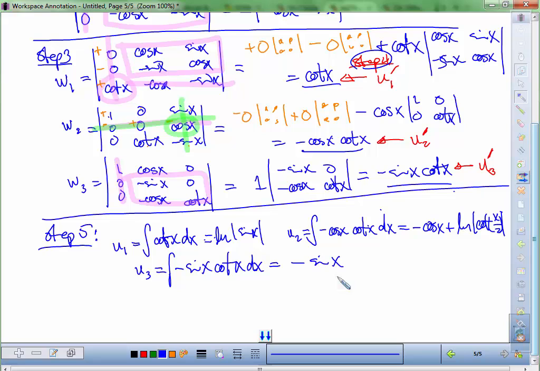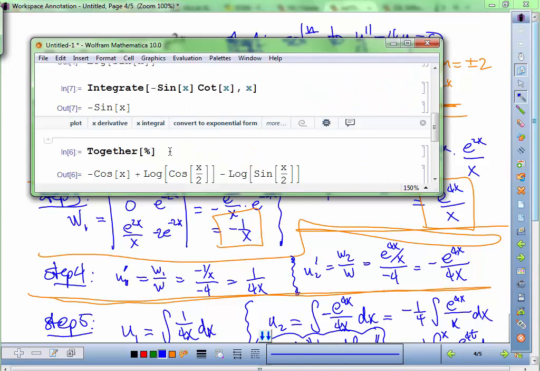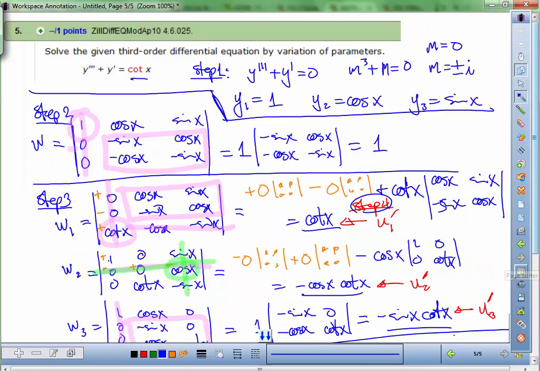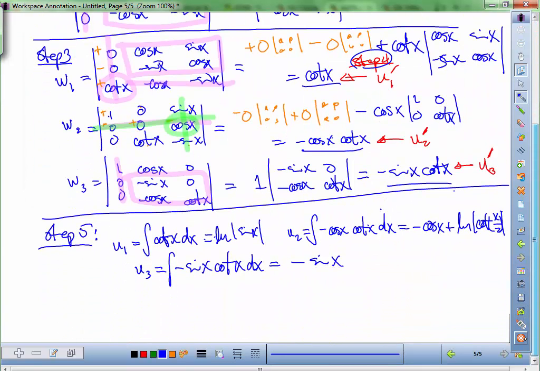All right, sine x, not minus? All right, so we do need Mathematica, huh? I got negative sine x, so I'm going to go with that. Yeah, so there's a negative out here.